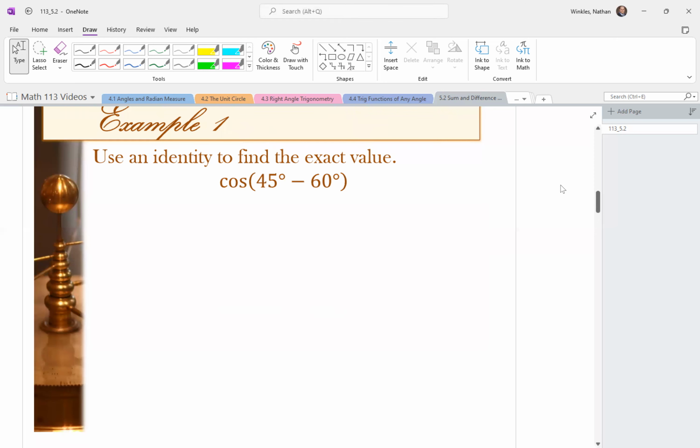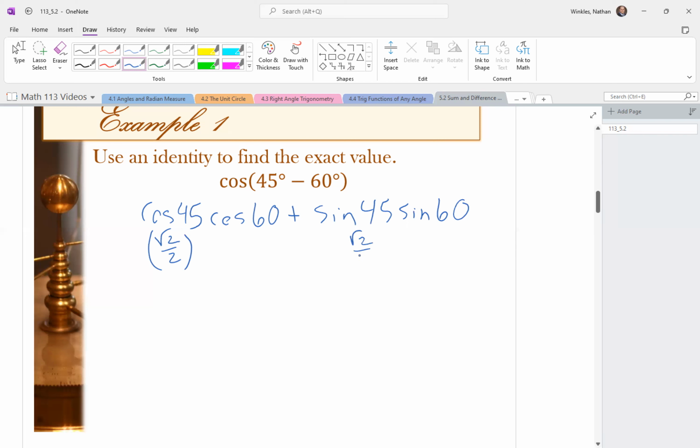So with our subtraction, this is going to be cosine 45 cosine 60 plus sine 45 sine 60. Well, we know what cosine of 45 and sine of 45 are, so that's square root of 2 over 2 in each case.